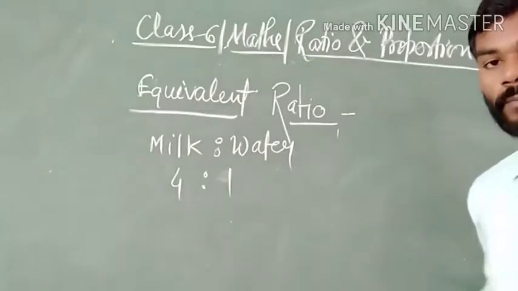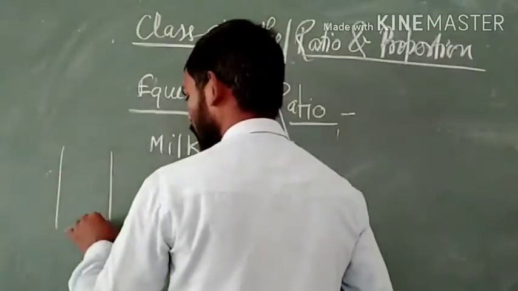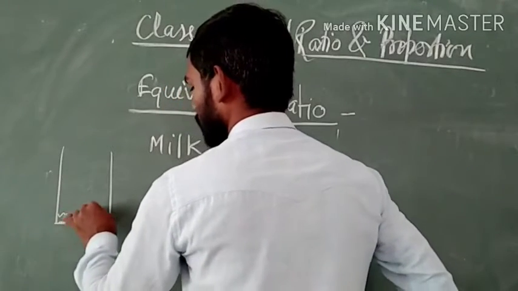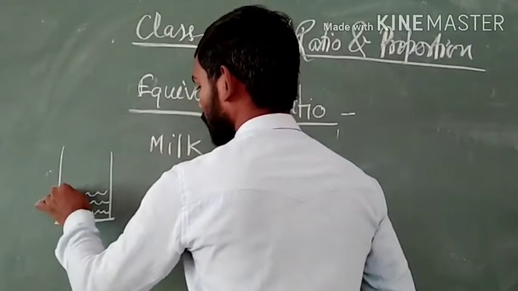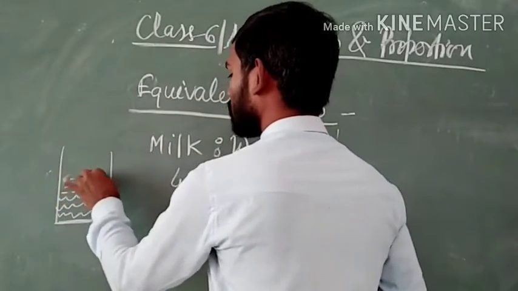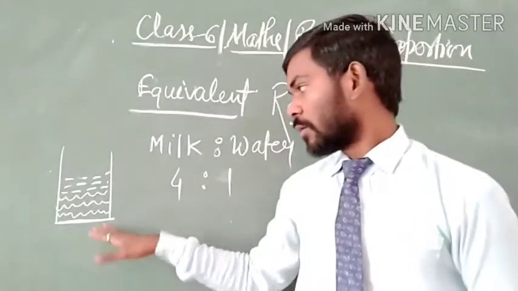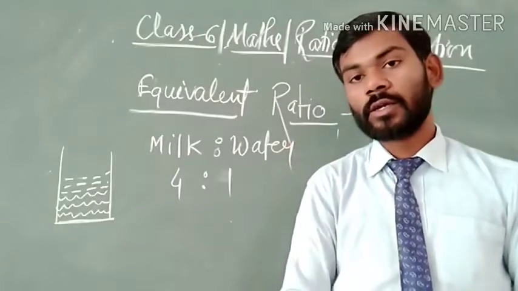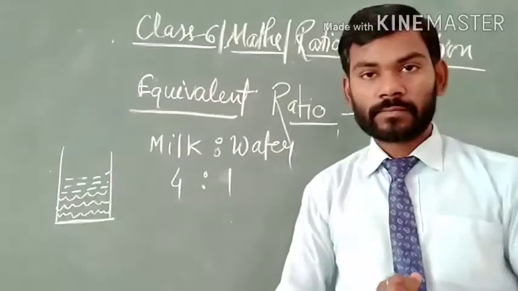Here I have a drum in which this is the milk, and the dotted line represents water. They are mixed together in a tank. There, milk and water are mixed together in the ratio 4 ratio 1.